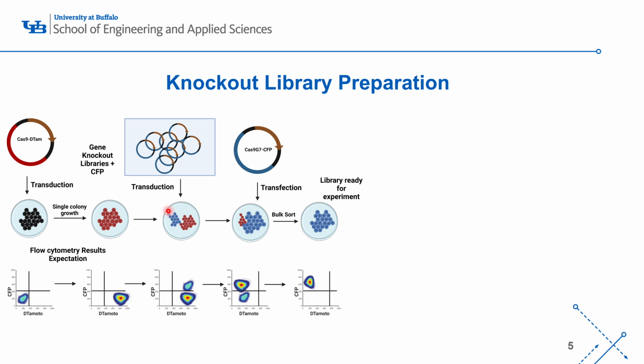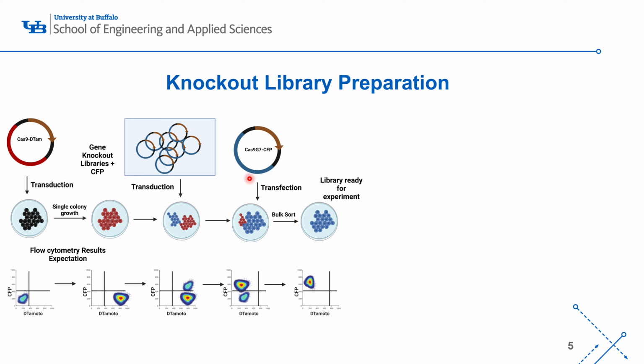After that we will transduce the knockout gene libraries that have the CFP reporter. So some of the cells will now also have the knockout genes transduced, and will show CFP positivity. Thereafter we will use Cas9G7 that has the CFP reporter.